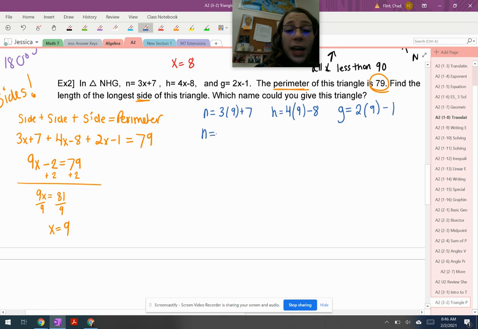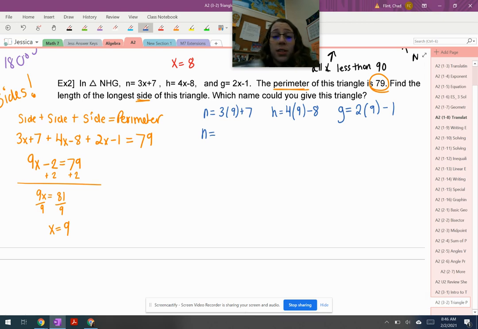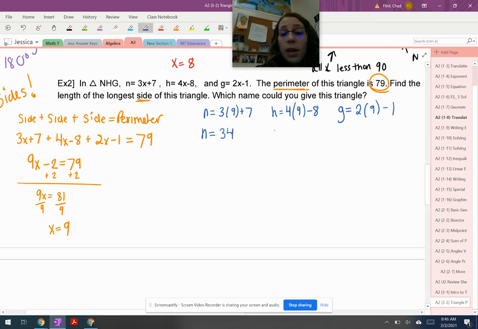So side n is equal to 3 times 9, which is 27. 27 plus another 7 is 34. Side h is 4 times 9, which is 36. 36 minus 8 gives me 28.